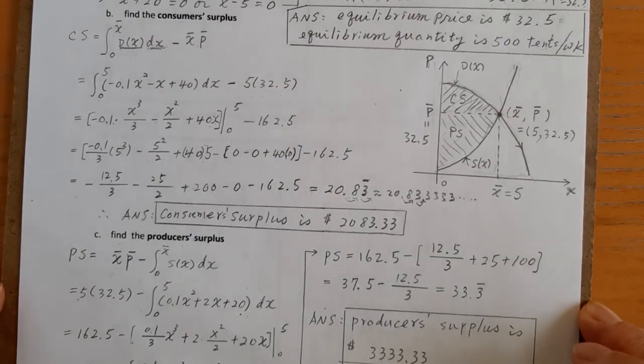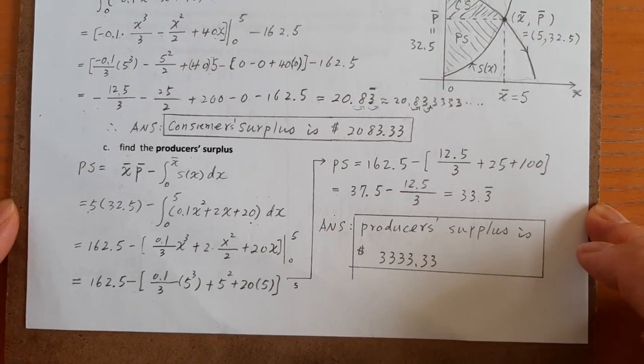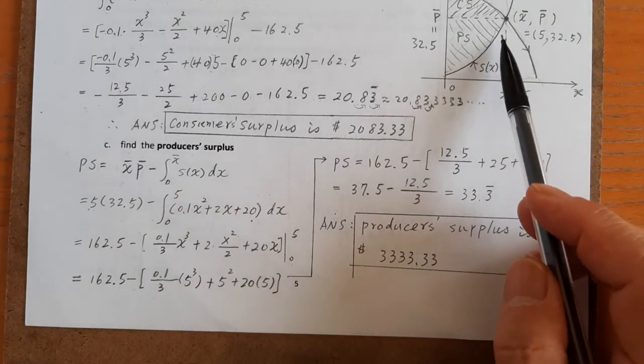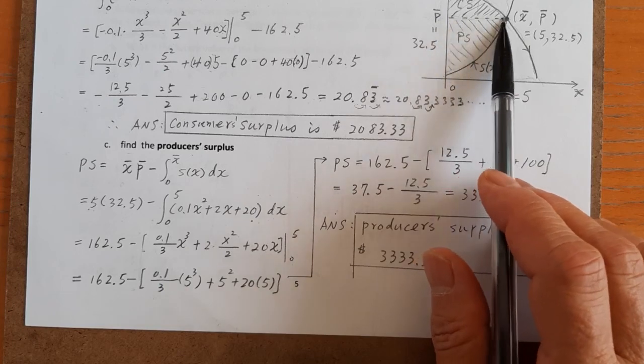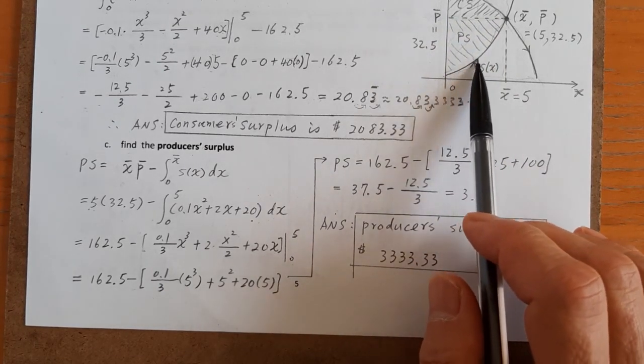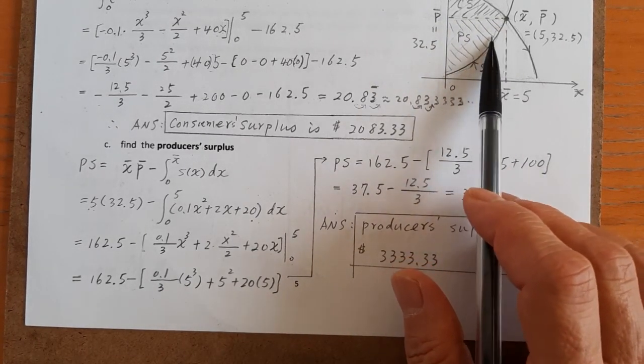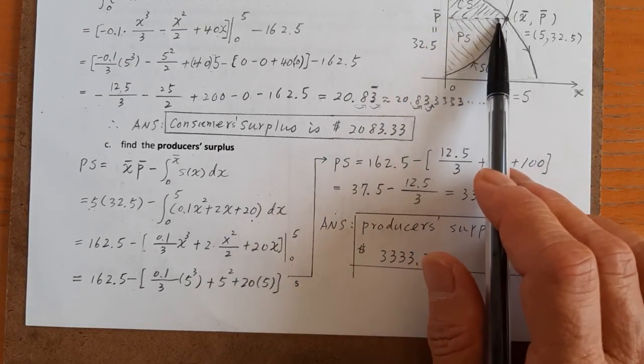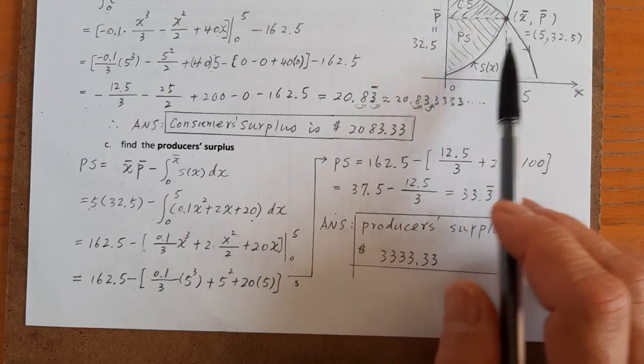Then next, figure out the producer surplus. The producer surplus is this. The producer is assumed to actually sell in the market for so many dollars.